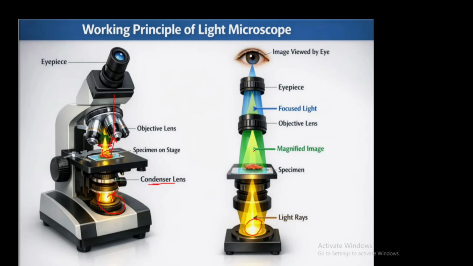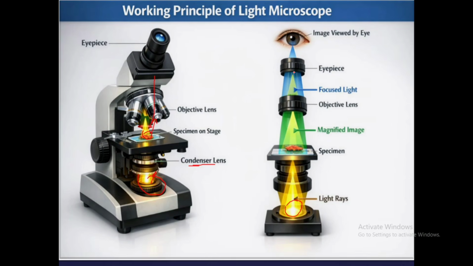Then the light rays go to the objective lens, which is important for magnifying the image. Then the light rays go to the ocular lens, which magnifies the image again. Finally, we can see that magnified image clearly. That's all about the working principle of the light microscope.